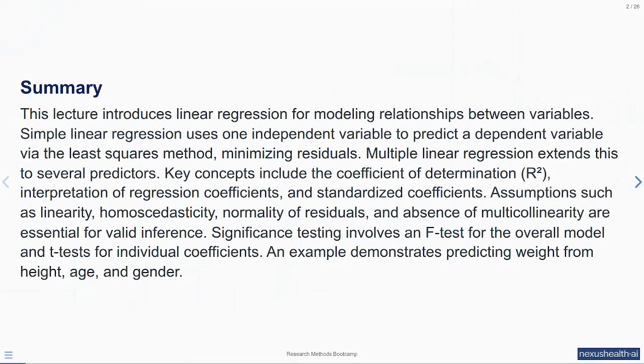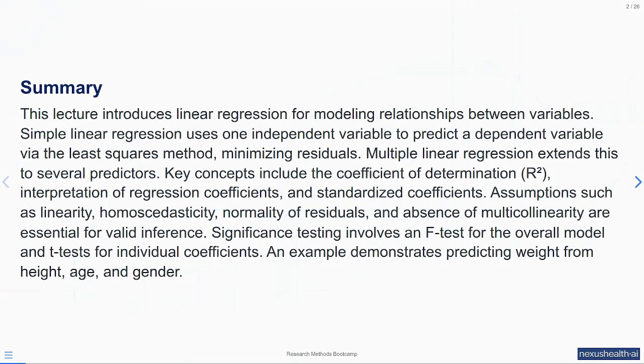Multiple linear regression is simply an extension of simple linear regression to several predictors. We will come across key concepts that include the coefficient of determination R squared. We will also learn how to interpret regression coefficients and standardized coefficients, and we look at assumptions that underpin linear regression such as linearity, homoscedasticity, normality of residuals, and absence of multicollinearity.